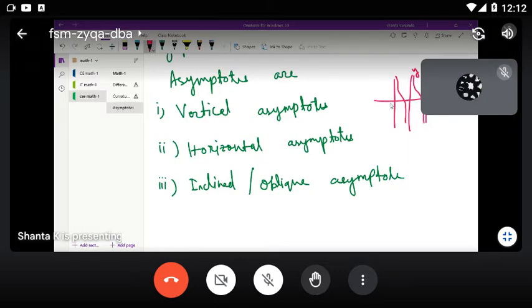I think yes, pi by 2 is the asymptote. So this type of asymptote will be a vertical asymptote. For the horizontal asymptotes, they are parallel to the x-axis, all the asymptotes which are parallel to the x-axis. So you can have a curve like this.